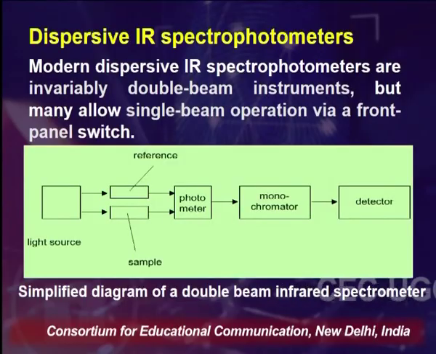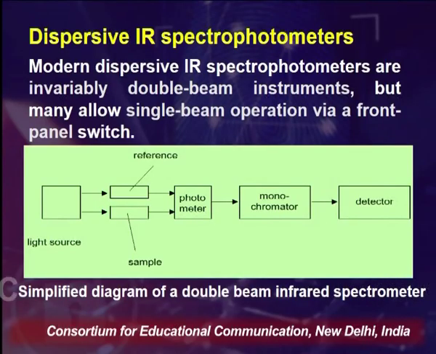So, let us see a simplified diagram of a double beam infrared spectrophotometer. This is a modern dispersive IR spectrophotometer, and they are invariably double beam instruments. Why are they called double beam instruments? As you can see in the block diagram, from the light source there are two rays coming. One is going to the reference and the other is going to the sample.